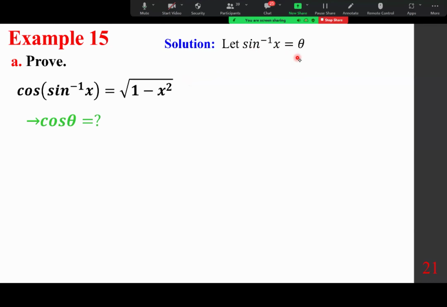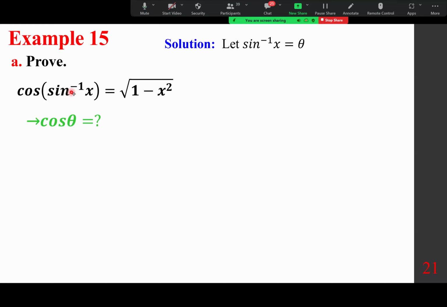Everybody remembers that, right? So when we say cosine of sine inverse of x, sine inverse of x represents an arc or an angle, so you're looking for cosine theta. It's important to know this means some sort of an arc or angle.